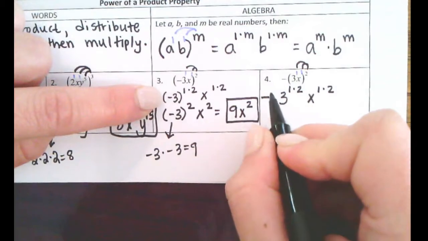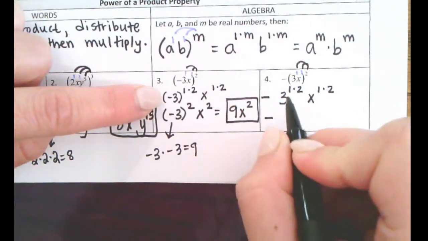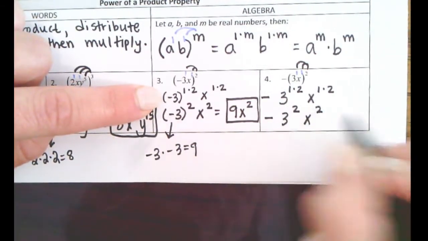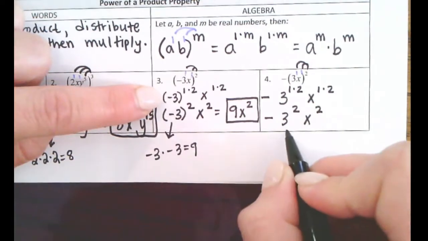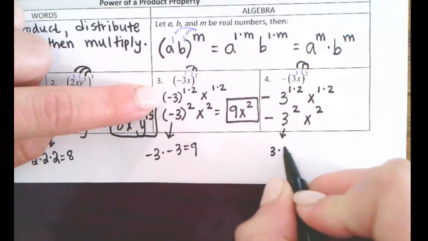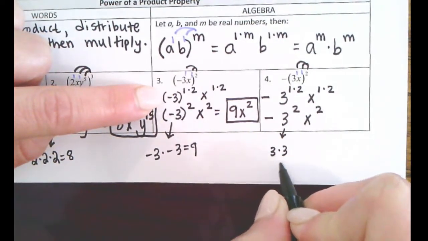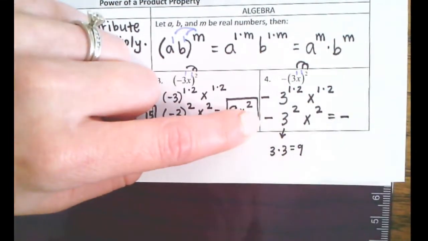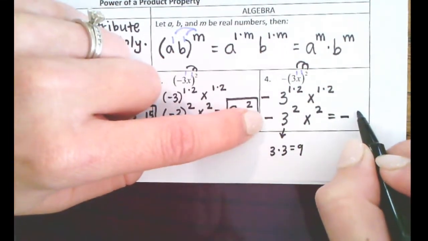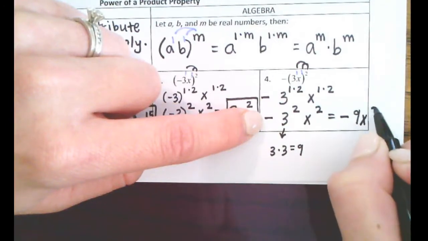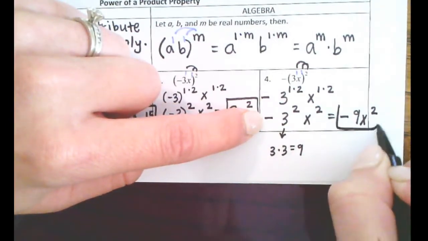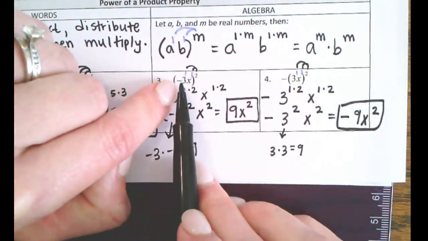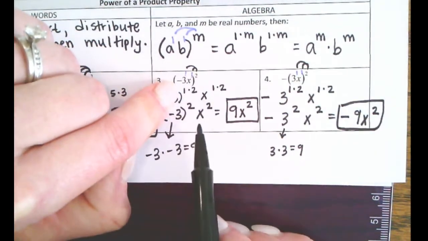I'm going to keep my negative sign on the outside, and I get 3 squared and x squared. 3 squared is also 3 times 3 like we've done before, which is 9. But this one has a negative sign on the outside. Negative 9x squared.